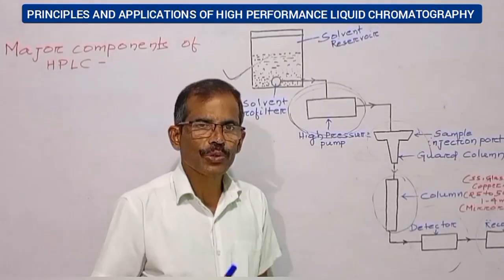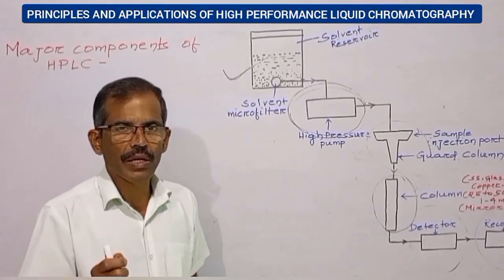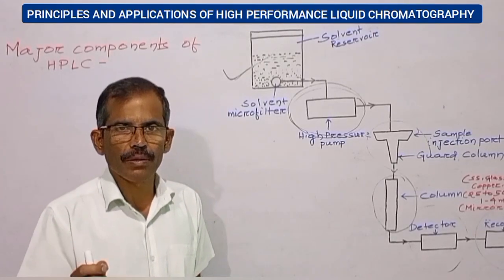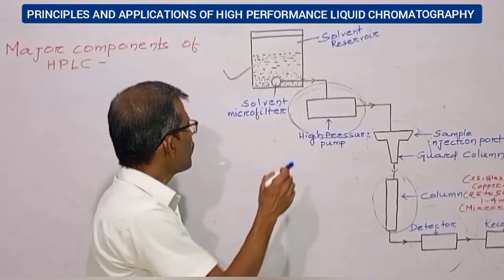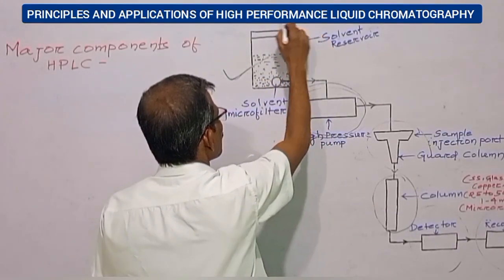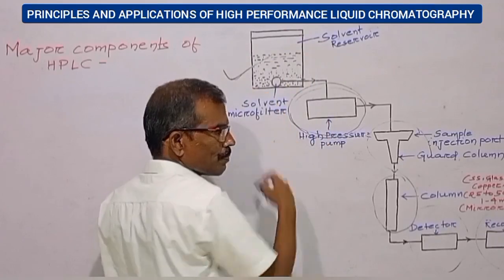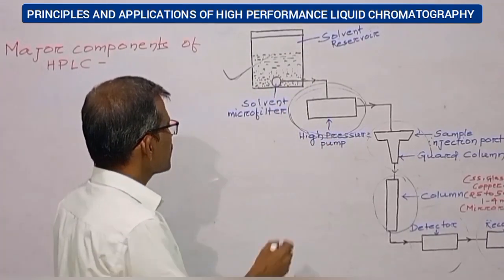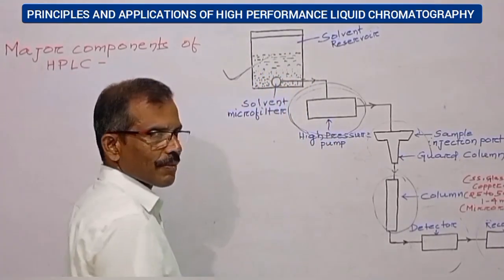This figure illustrates the major components of an HPLC system. One component is the solvent reservoir, which stores the mobile phase. It possesses a solvent microfilter.